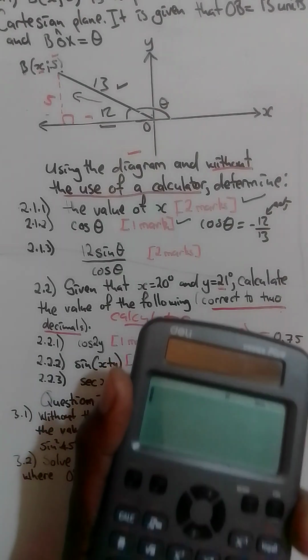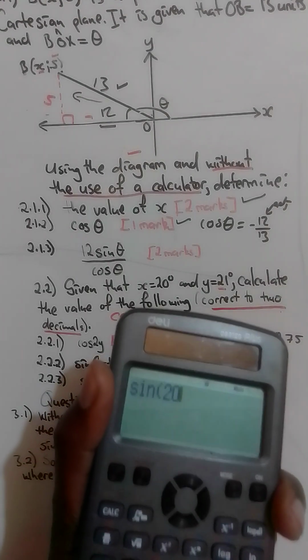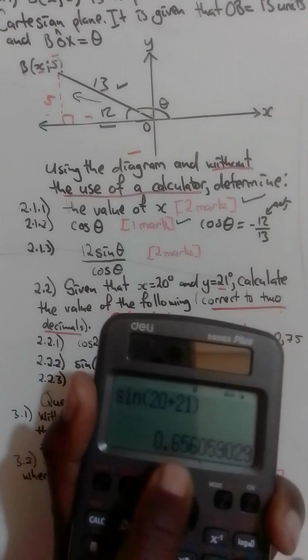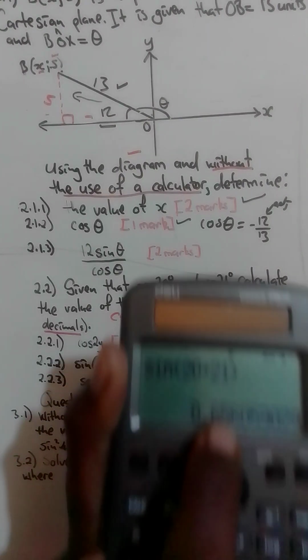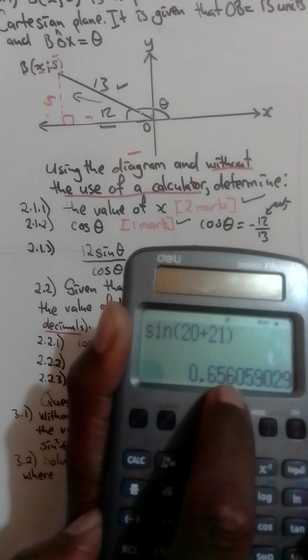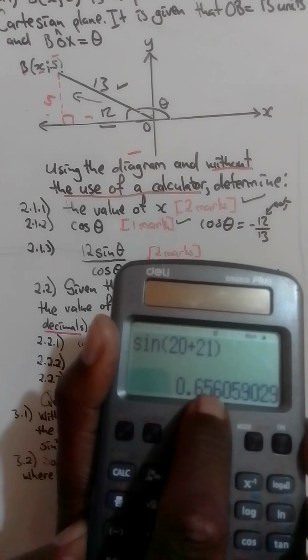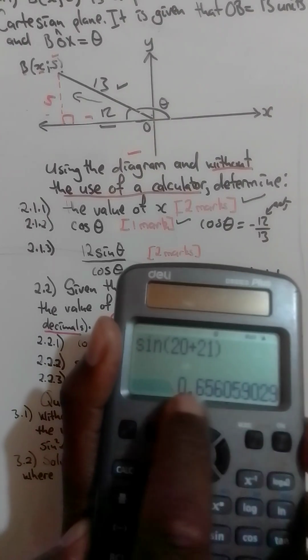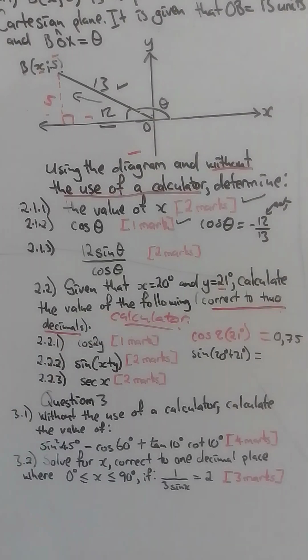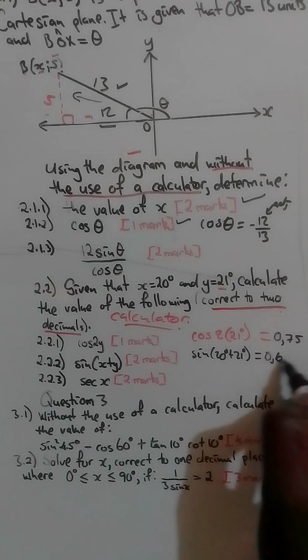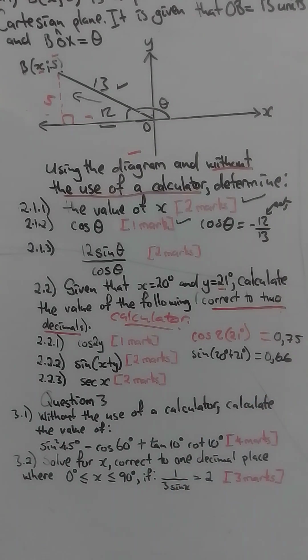So I come here to my calculator. I now say sin, open bracket, 20 plus 21, close bracket, is equal to, I get 0.656. You see it. But my third decimal number is 6, and 6 is above 4, which means I must add 1. So my final answer is 0.66. So I come and I write 0.66. That's my final answer.